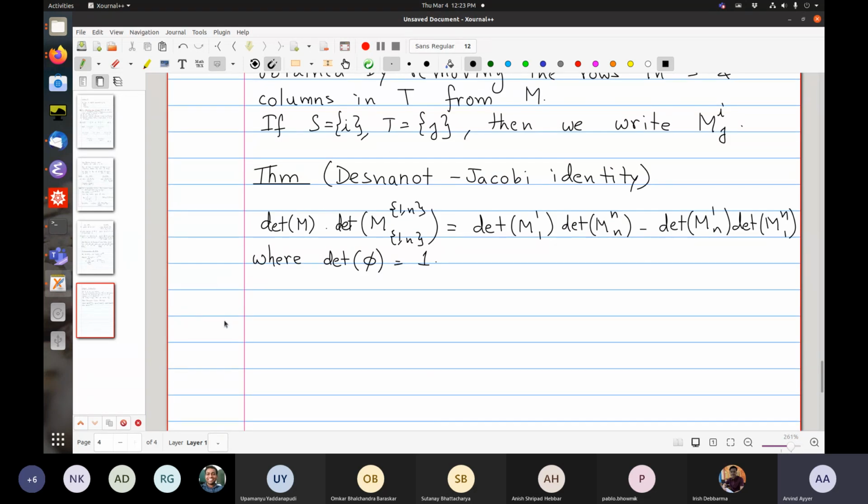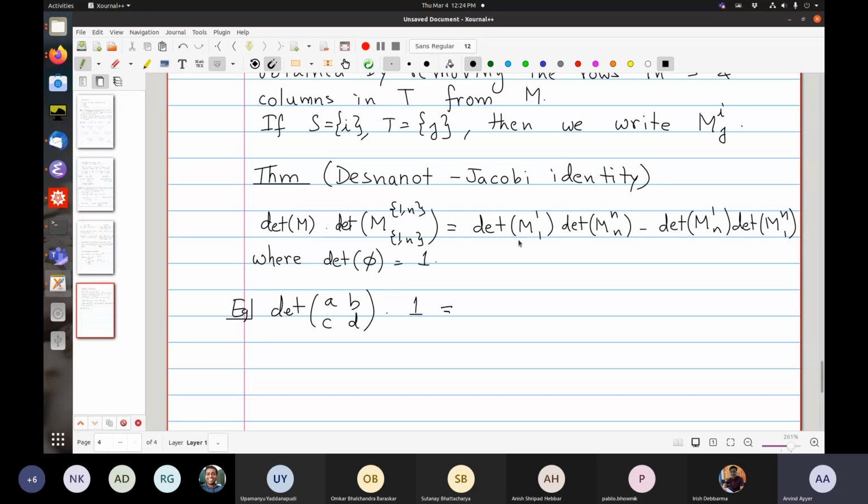So you can immediately see this. The determinant of the 2 by 2 matrix A, B, C, D, times, when I consider this is 1. This is the empty matrix because I'll remove the first row, last row, first column, last column.